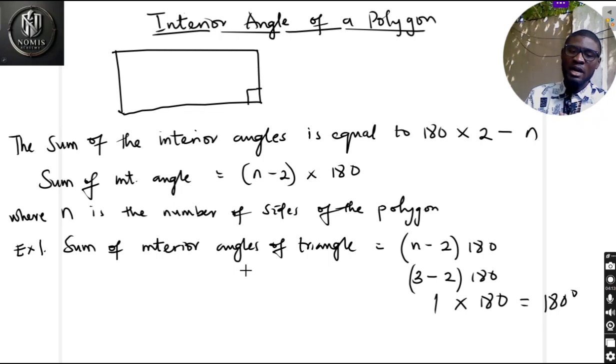So that's why the sum of interior angles of a triangle is always 180 degrees, no matter the triangle, whether isosceles triangle or scalene triangle or any other triangle. The sum of the interior angles of a triangle is 180 degrees. So let's check for another polygon.